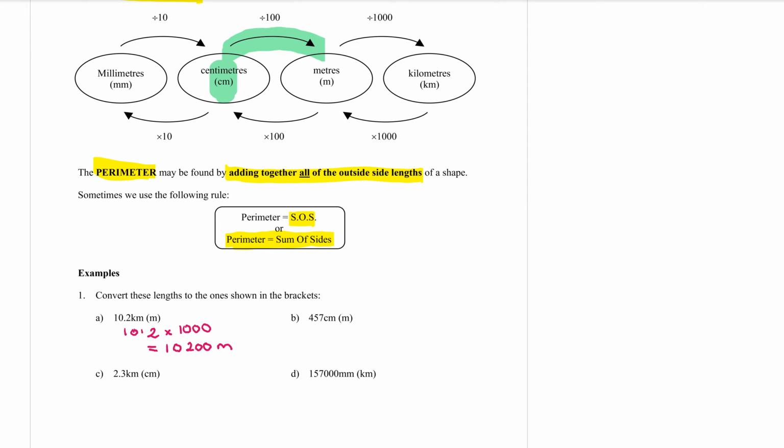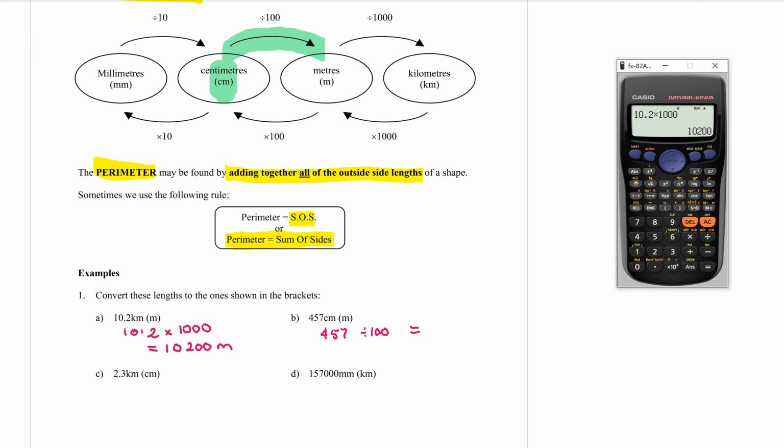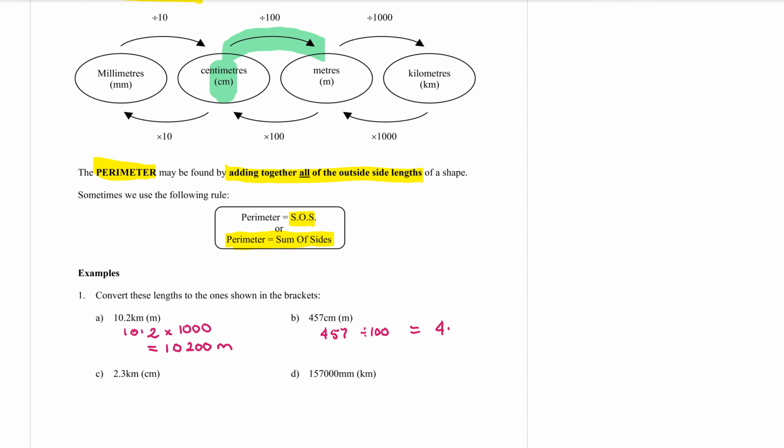So I need to do 457 divided by 100. Again, you may or may not need the calculator. Dividing by 100 is going to move the decimal point back 2 places to get 4.57. And remember to always write the new units. So this is now in meters.